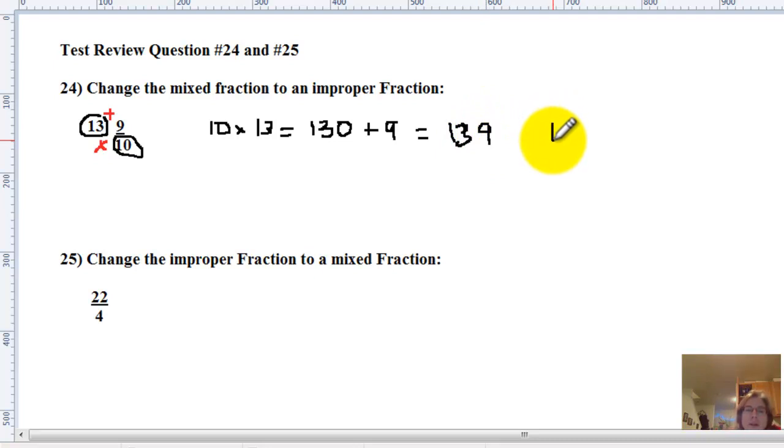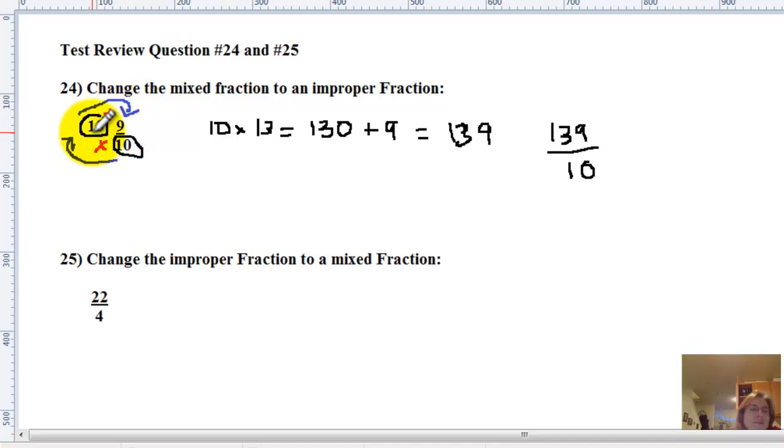So let's write out the new fraction of 139. The denominator stays the same. Nothing happens to the denominator. Just 139 over 10. So you can think of it as sort of a wheel, times that direction and then add.